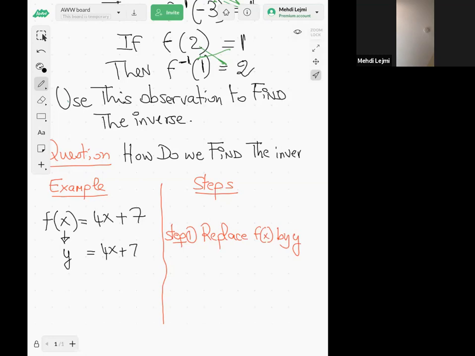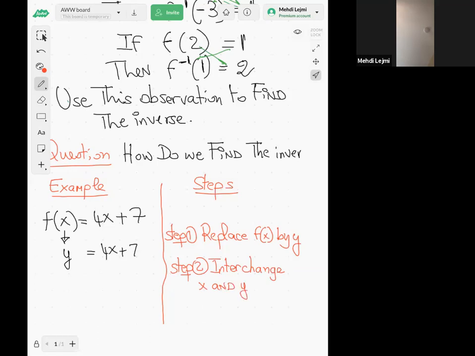Now I'm gonna use my observation. So we said we have to interchange x and y. So now in step 2, I'm gonna interchange x and y. So what do I mean by interchange x and y?